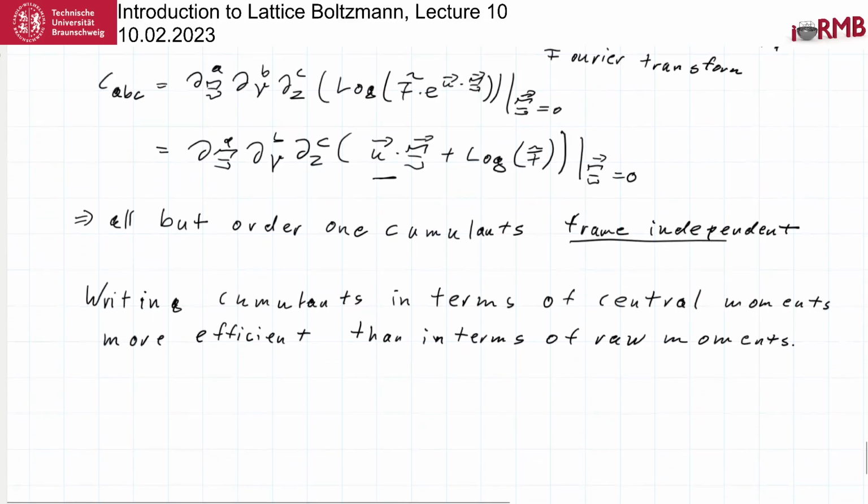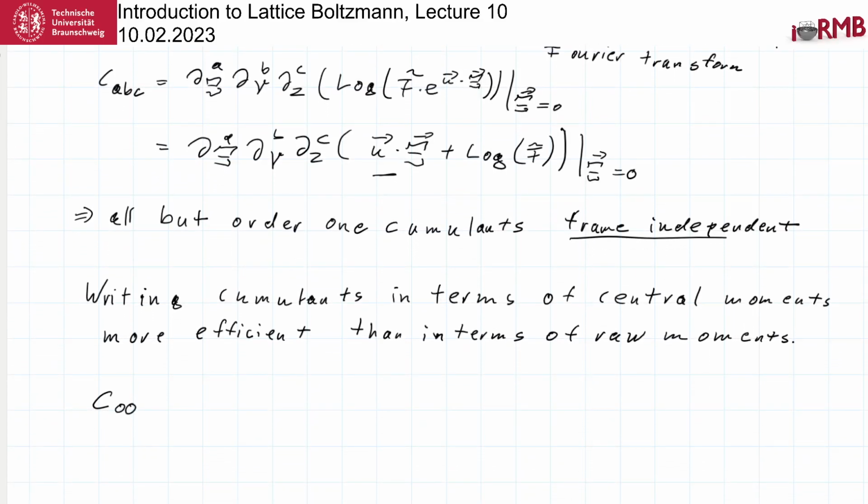So for example C002 is M002 divided by M000 minus M001 squared divided by M000.